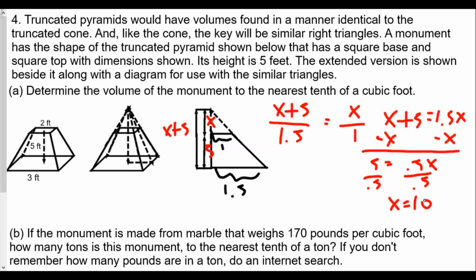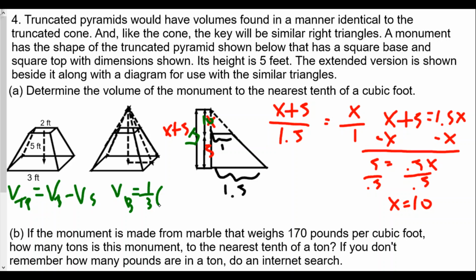So now we need to find the volume of the cone, sorry, the volume of the pyramids. We know our height here is going to be 15, and this is going to be 10. So let's find the volume of the big pyramid. The volume of the truncated pyramid, TP, equals the volume of the big pyramid minus the volume of the small pyramid. And the volume of the big pyramid is, now remember, 1/3 base area times height.